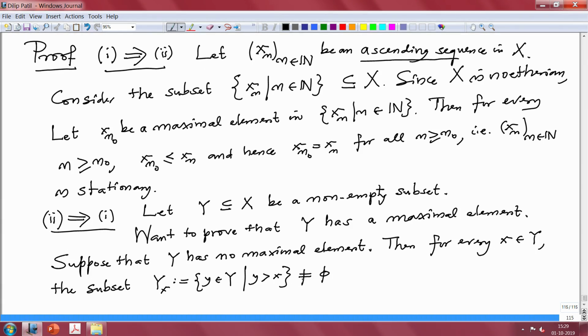Because if this set is empty, then x will be a maximal element in Y. So such a set is non-empty.